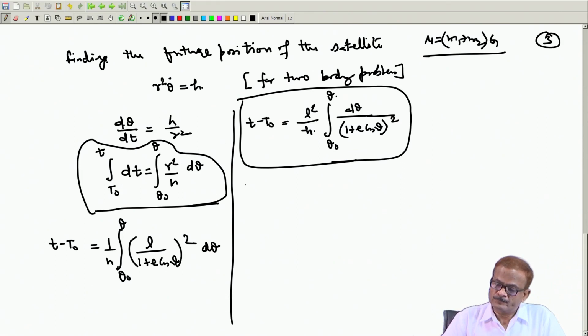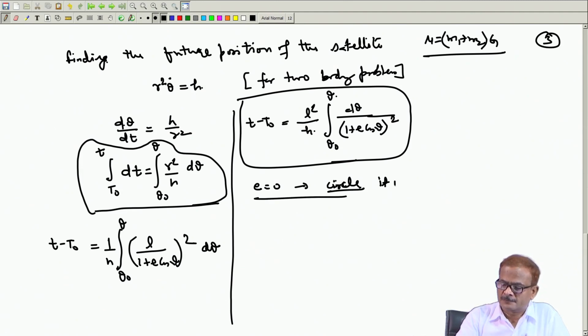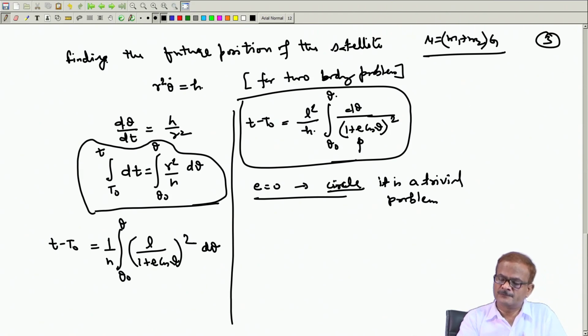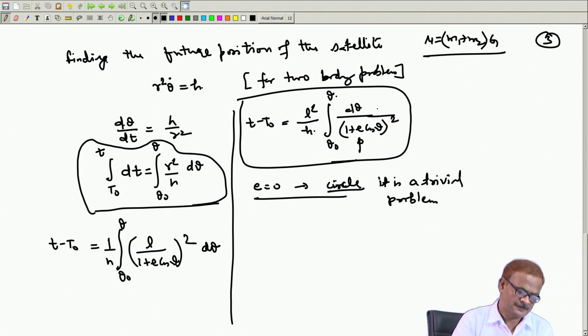Now, we have multiple cases here. Once e equal to 0, you know this is simply a circle, and it is a trivial problem, because in this case this term gets reduced to 0, we get 1, and it is simply integrating it, there is nothing much in that. Okay.